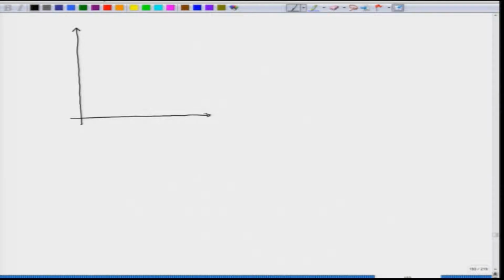So here is my domain D. And here is my point (u, v), in 2 dimensions, u and v. So here is the point (u, v), and I make a small change along this direction, that is (u plus del u, v).